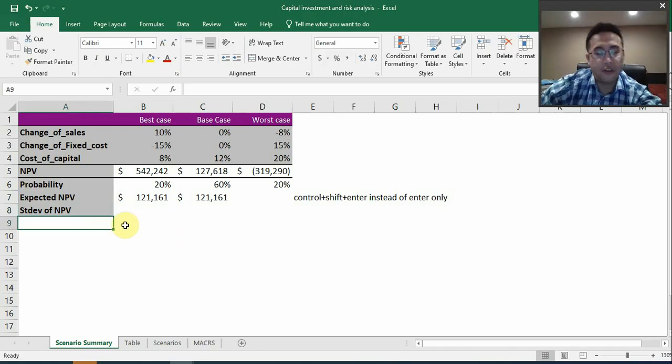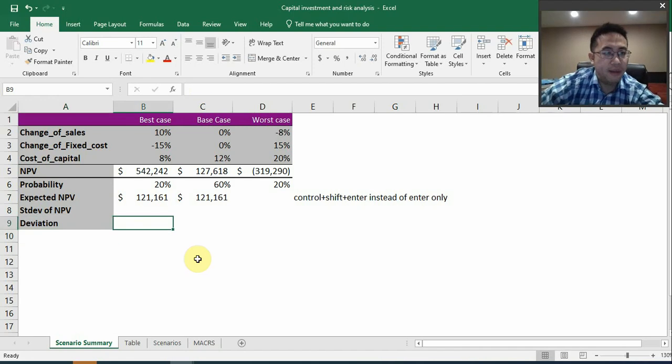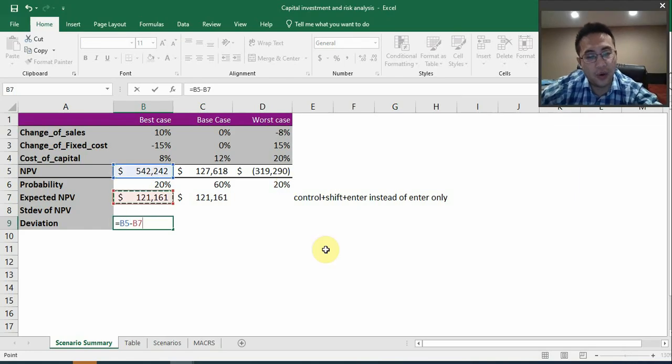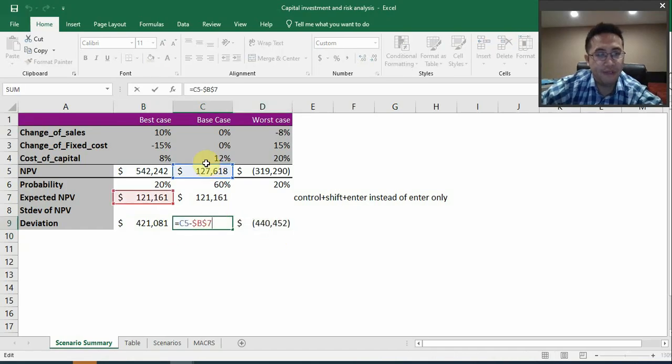All right, so the first step to do it is to get the deviation of each case. So for the best case, you're going to use its NPV minus the expected NPV. All right, it's called a deviation, and then you're gonna drag it all the way to the right. So each of the NPV under each case is subtracted by the expected NPV.